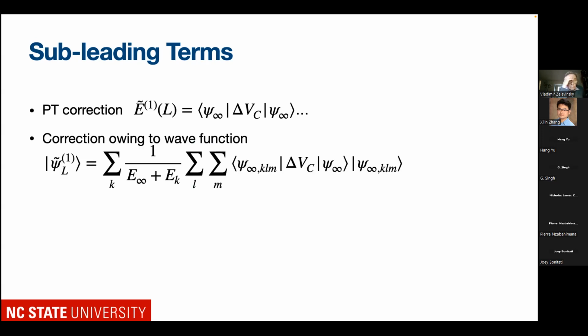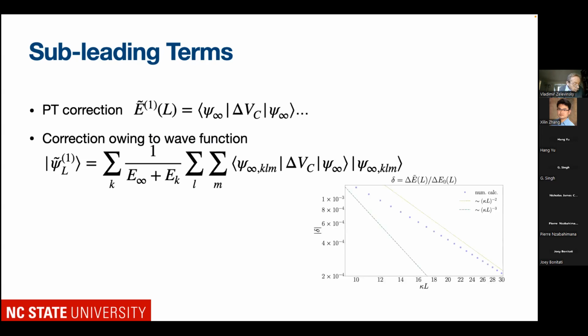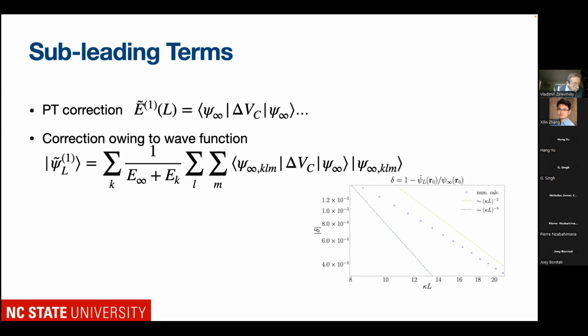And there are also corrections because we are using approximations to the intermediate wave functions. We also compute these terms numerically and see they are indeed small compared to the leading contributions, and they also give us a nice power law relation compared to the leading terms.